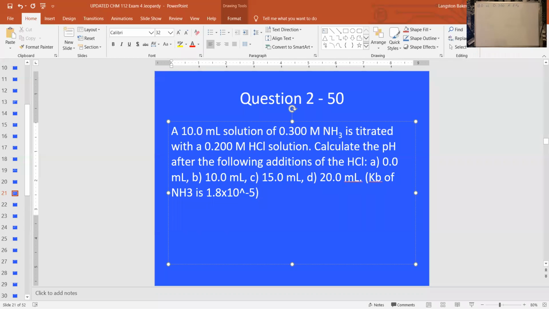There we go. Okay, we're taking that ammonia solution and we're titrating it with 0.200 molar HCl, right? Yep. We're doing a bunch of different volumes, all varying.